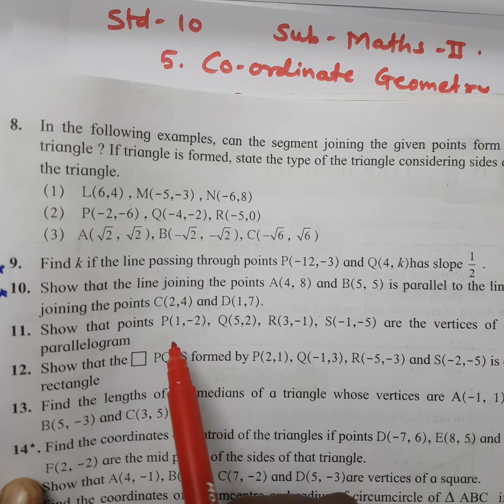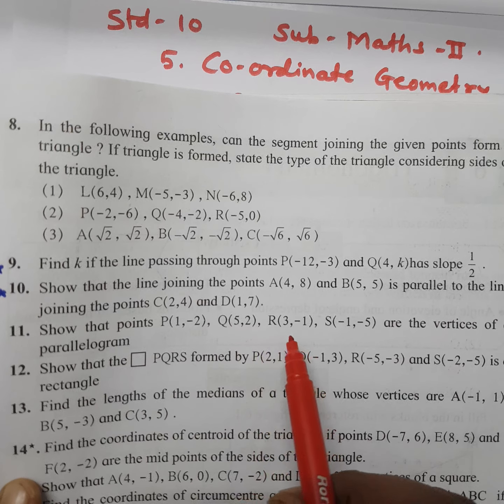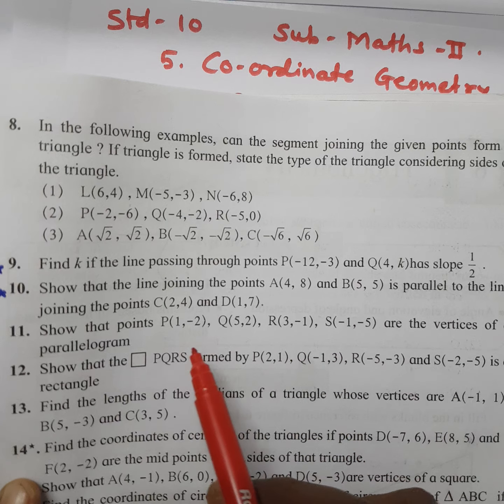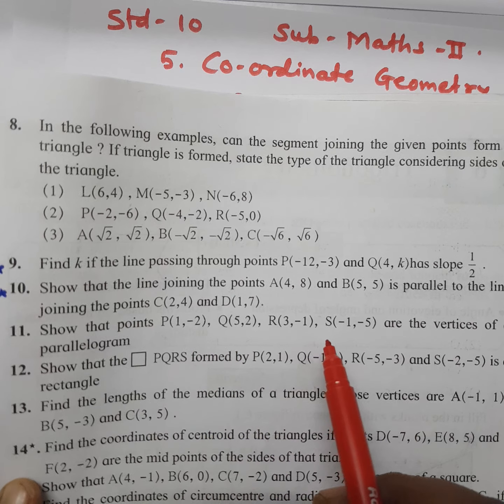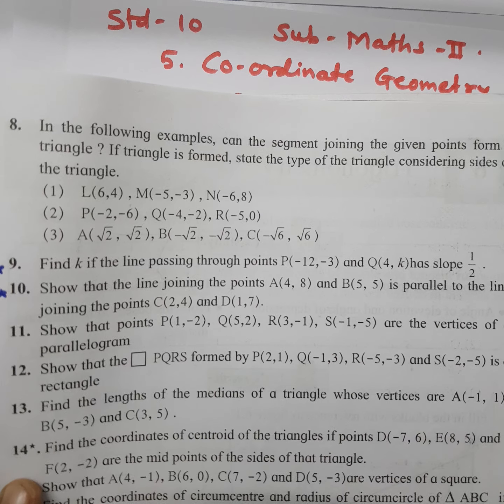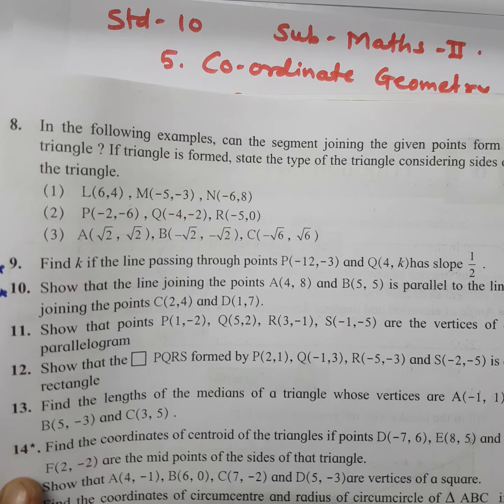In those lengths, PQ will be equal to RS and QR will be equal to PS, meaning opposite sides will be congruent, therefore it will be a parallelogram. Simply you can show that.